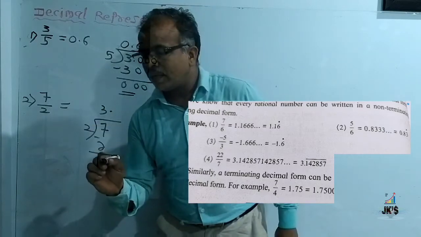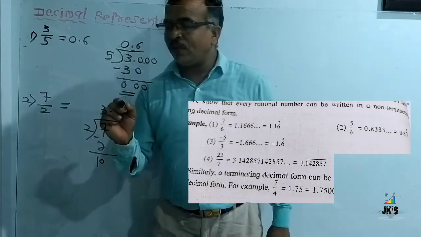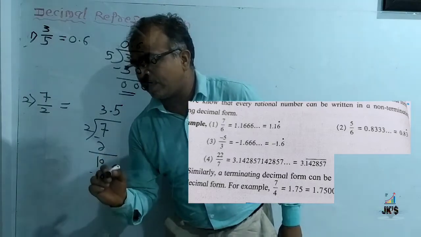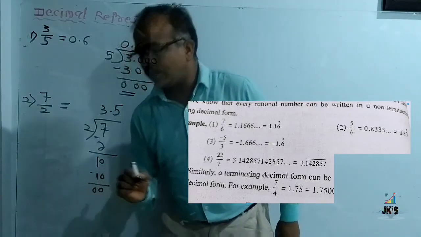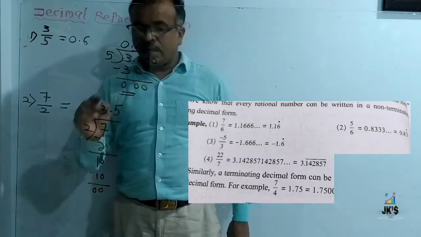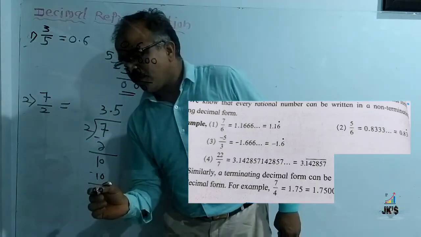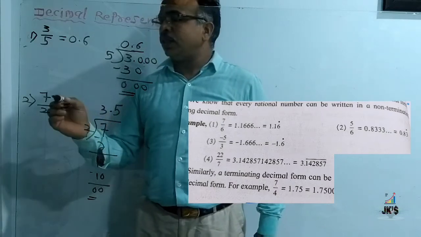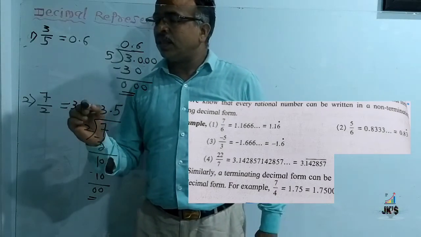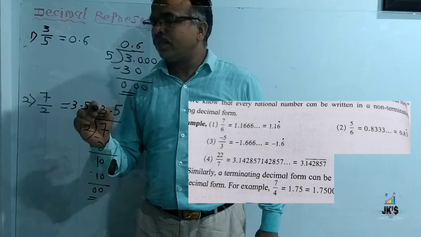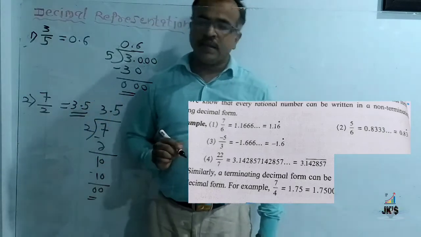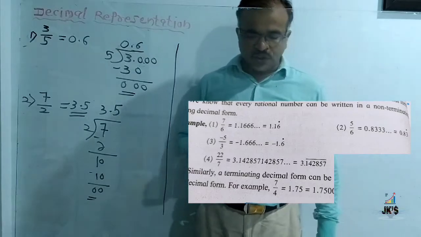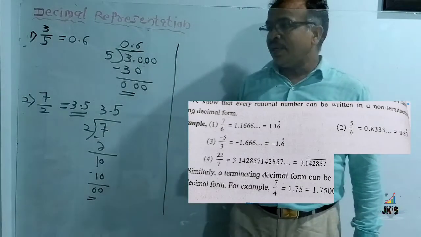It becomes 10. 2 fives are 10. 10 minus 10 is 0. Here our division is completed because the remainder is 0. So the decimal form of 7 by 2 is 3.5. In this way, we can convert fractions or rational numbers into decimal form.